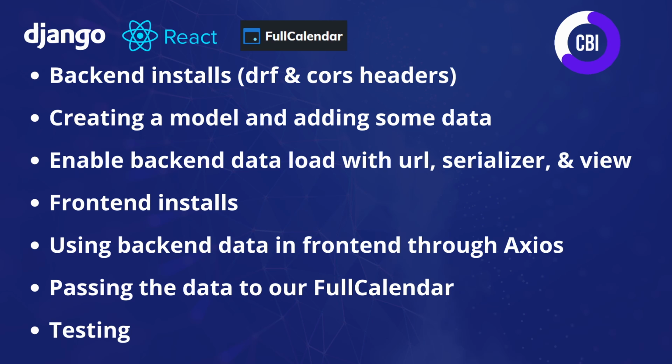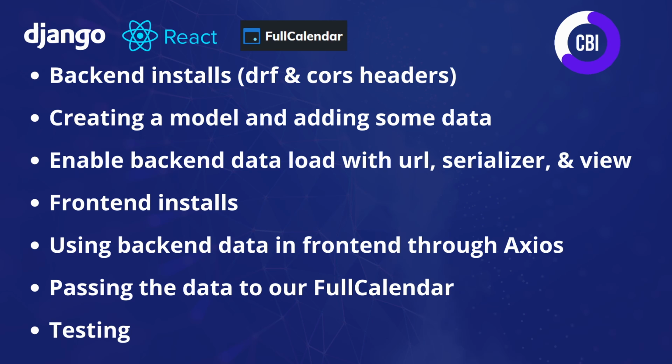Now, to do that, we are going to go through a process fully from the backend to the frontend by following 7 main steps. We're going to start with a few backend installs that we need to do to make sure that we can get the data from the backend to the frontend. We're then going to be creating a database model that is going to store our data, and we're going to be manually adding some data to that model.